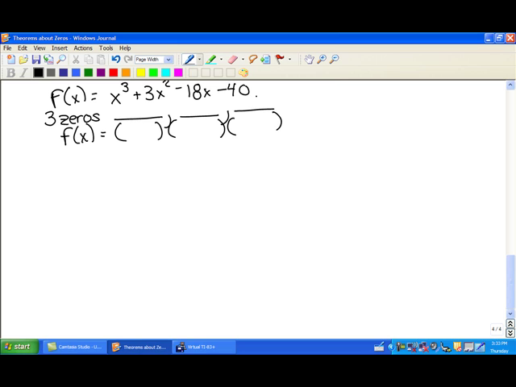If you can't factor from the beginning, the first thing you're going to do is use your rational zeros theorem and come up with all possible rational answers.